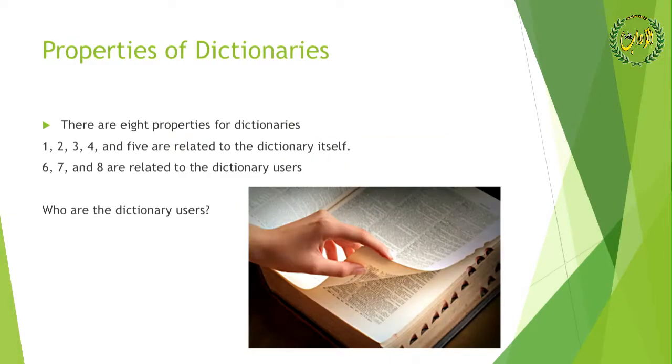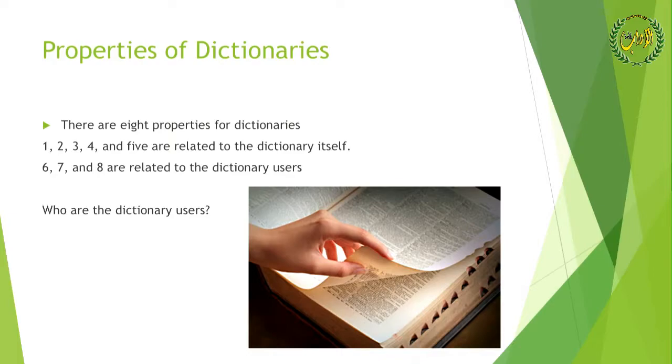So today we are going to study the properties of dictionaries. All in all, there are 8 properties of dictionaries. To make it simple and easier to remember for you, we can say that the properties from 1 to 5 are related to the dictionary itself, while the properties from 6 to 8 are related to the dictionary users.